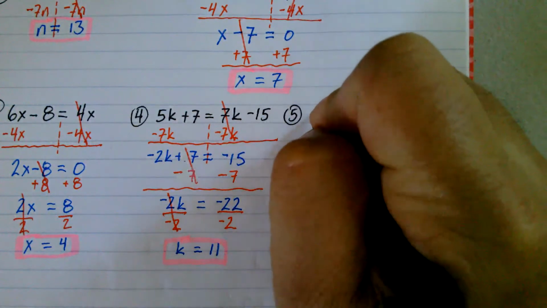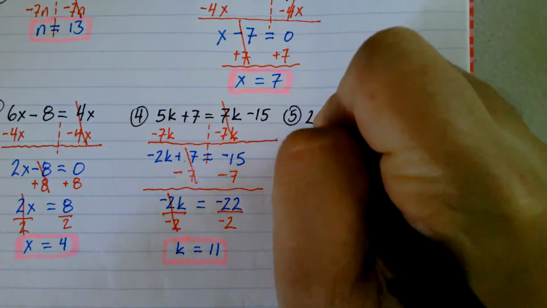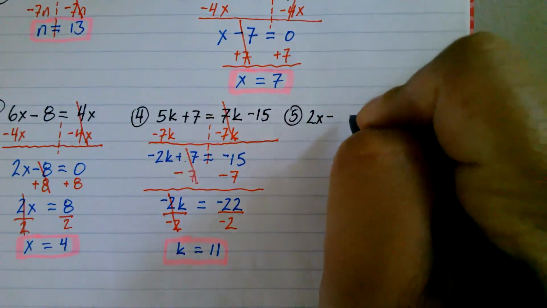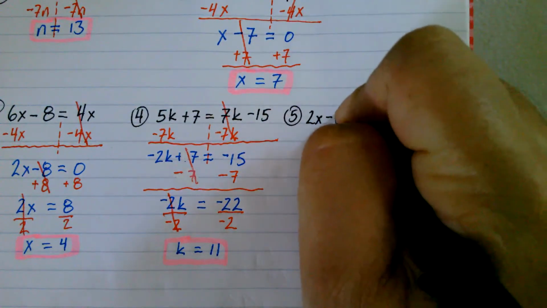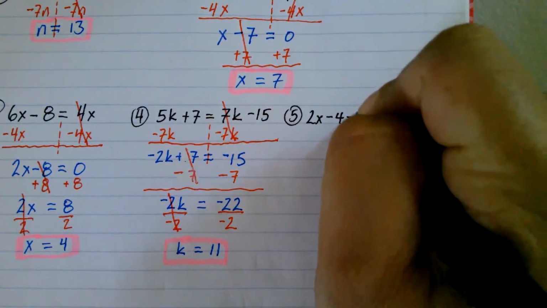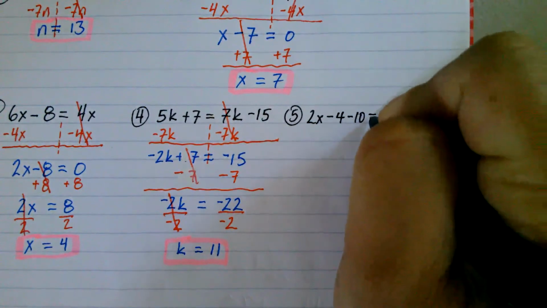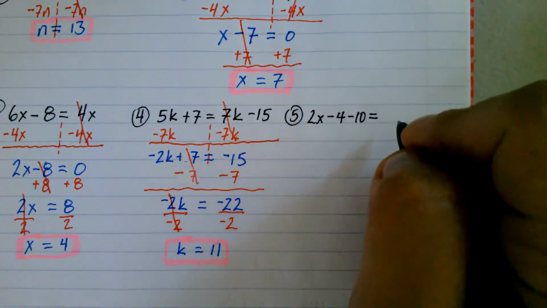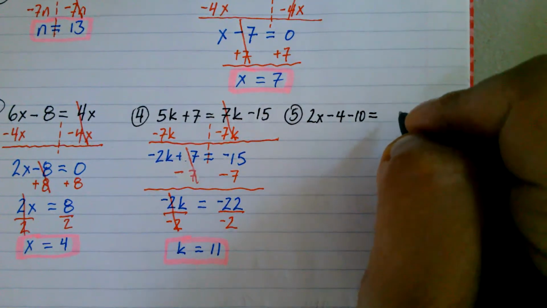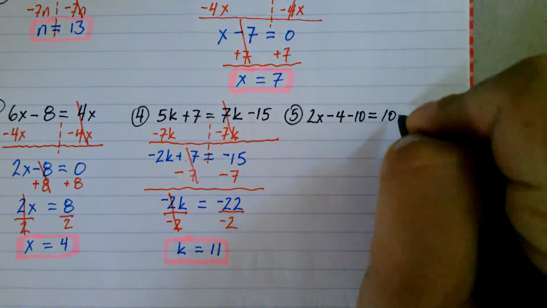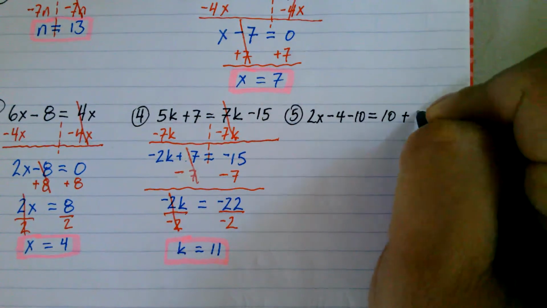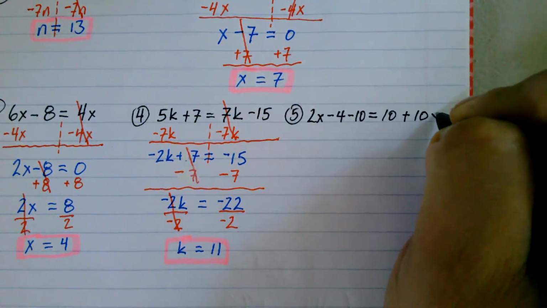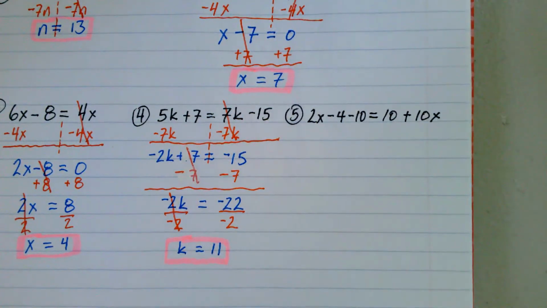Let's say we have 2x minus 4 minus 10 equals 10 plus 10x. Go ahead and write all that down.